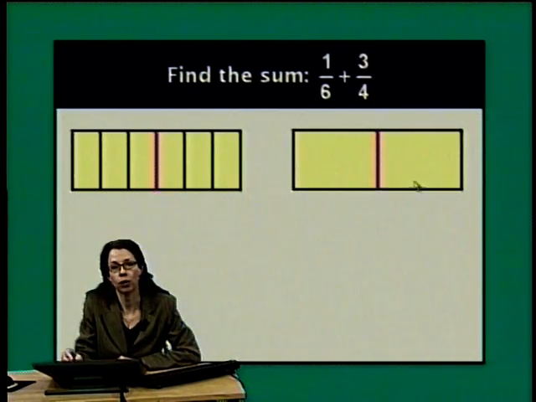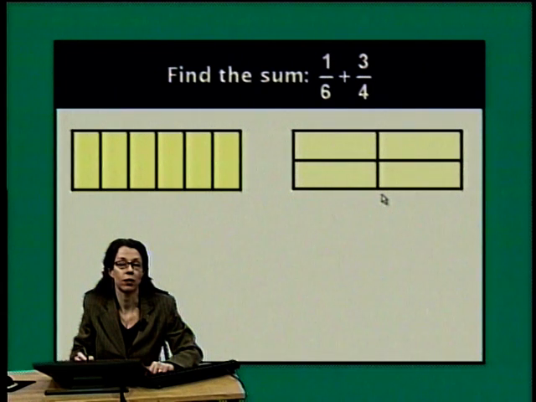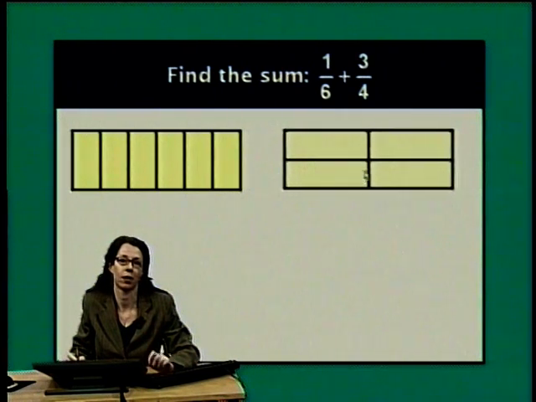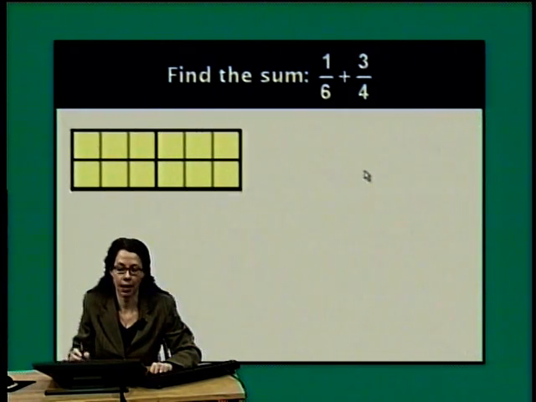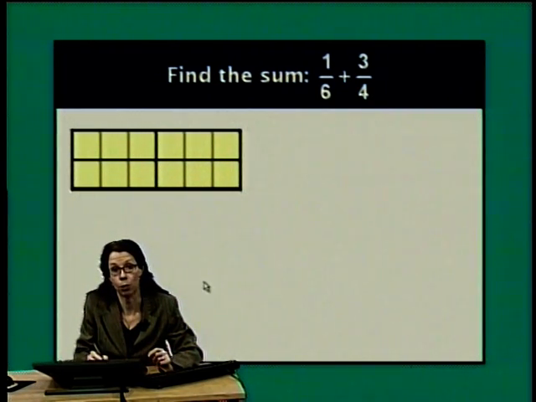I'm going to make a fraction bar representing fourths by dividing it in half first, and then dividing each half in half vertically. So now I have 4 equal parts. When I put this together, the two lines representing 1/2 line up, and now I have 12 equal parts. I have a number representing the least common multiple of 6 and 4.